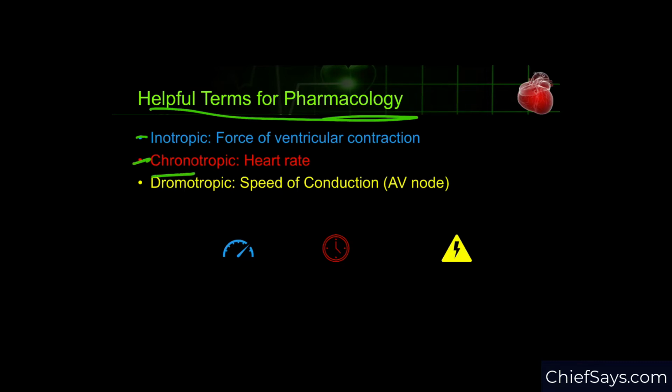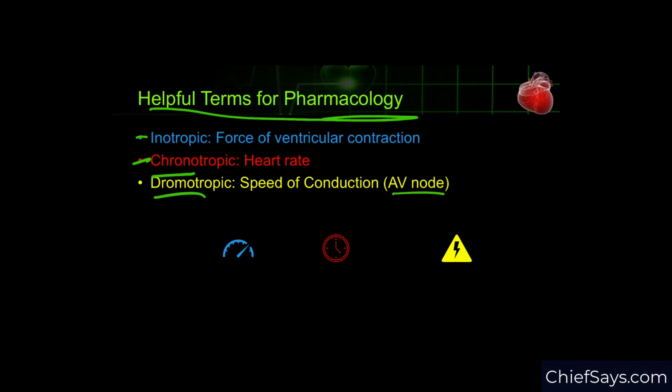Chronotropic is referencing, again, chronos, the heart rate. And so if there's a positive chronotropic effect by a drug, it increases the patient's heart rate. And that may be beneficial, but it also could be detrimental in certain patients. Finally, dromotropic agents. And so again, used for pharmacology, a dromotropic agent will increase the speed of conduction, which is likely involving the electrical current at the AV node.